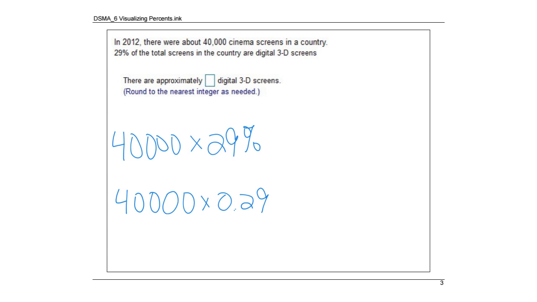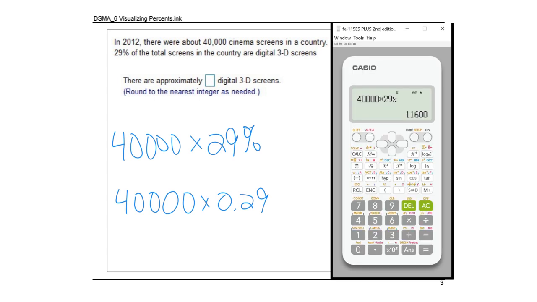So let me grab my calculator. Okay, so let's take a look at this calculator. First, we're going to go ahead and type in the 40,000 and our multiplication sign. And then the percent sign is right above the open parentheses. Okay, so it's right here. It's in yellow, so that means that I have to hit the shift key first. So my shift key is right here. You don't have to hold it down, you just hit it.